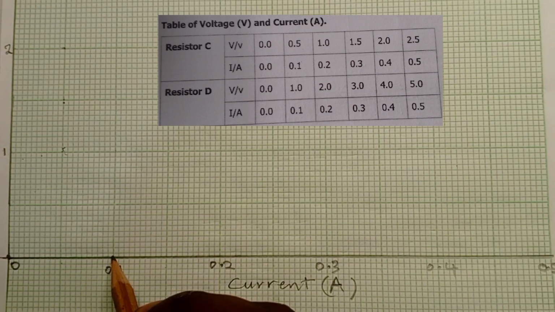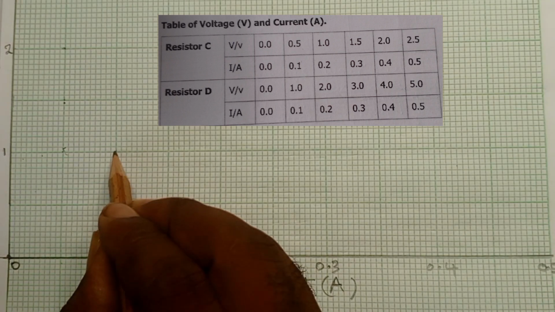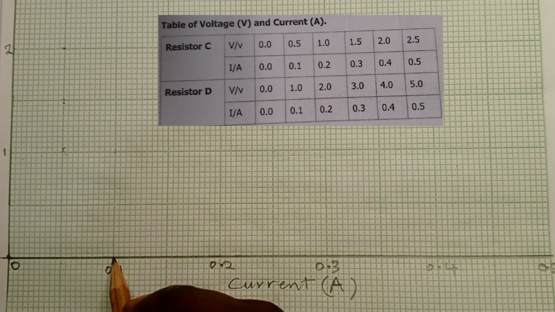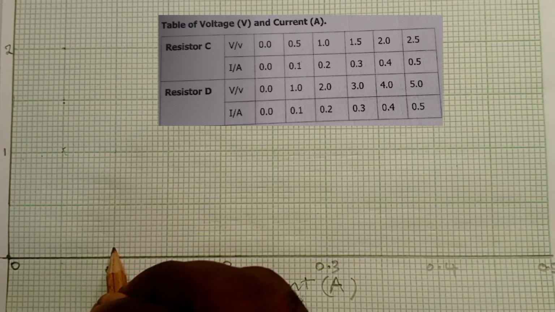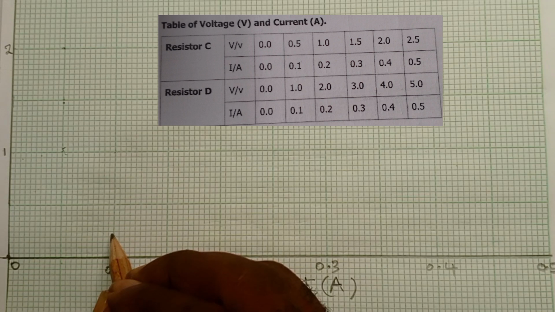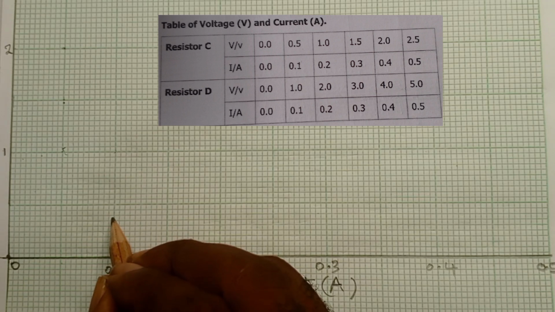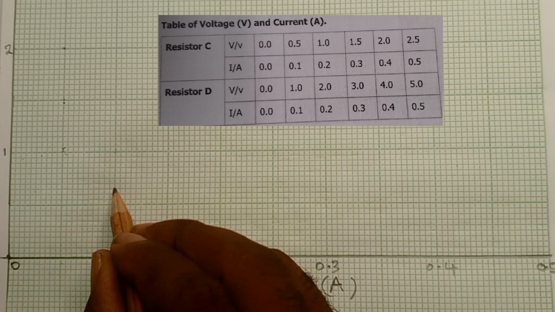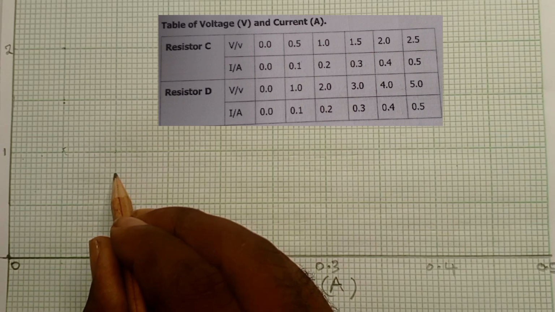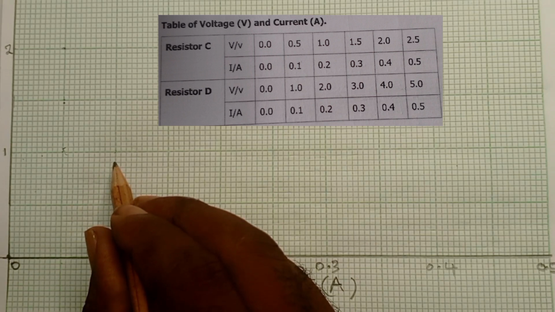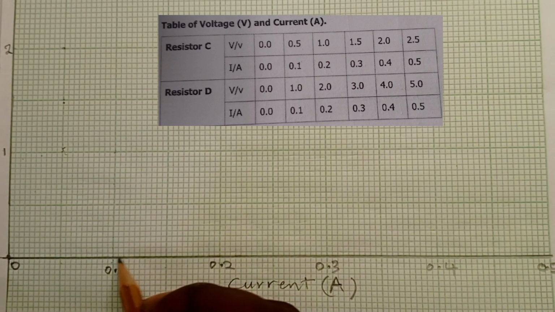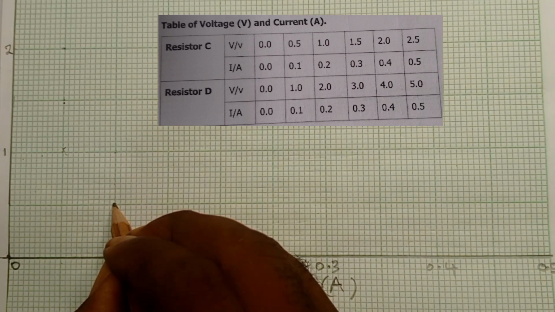So how are we counting from here to there, which is 0.1? So we need to get two boxes. 1, 2, that is 0.1, 1, 2, 0.2, 1, 2, 0.3, 1, 2, 0.4, 1, 2, 0.5, 1, 2, 0.6, 1, 2, 0.7, 1, 2, 0.8, 1, 2, 0.9, 1, 2, 1. So now 0.1, 0.5, that is our 0.5.